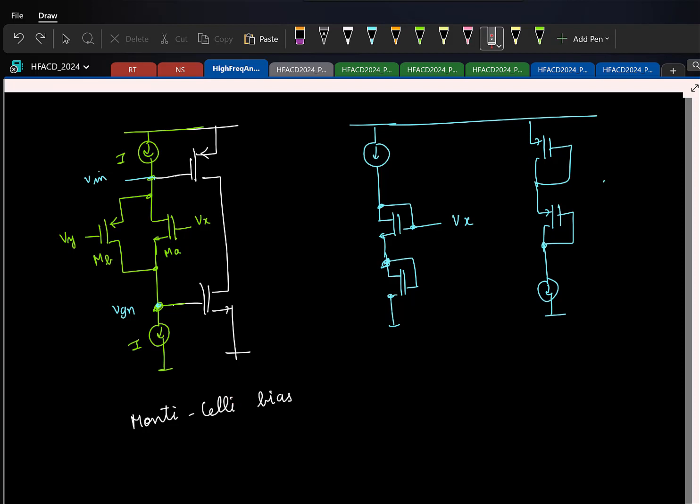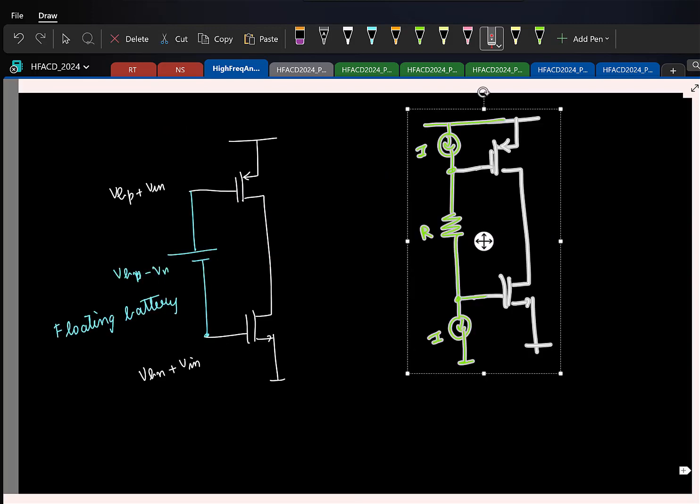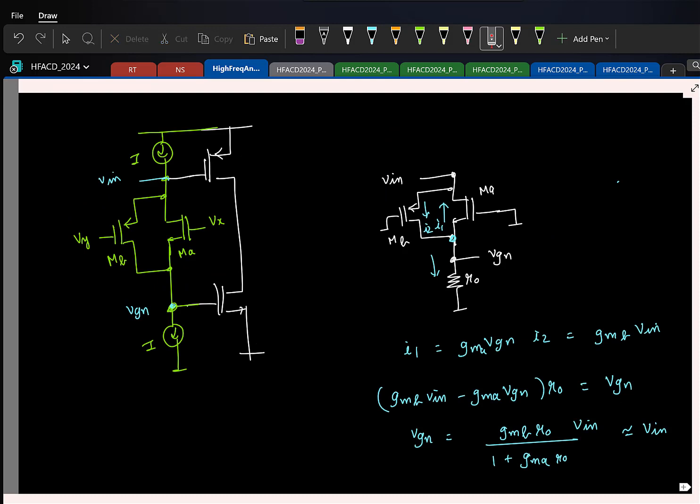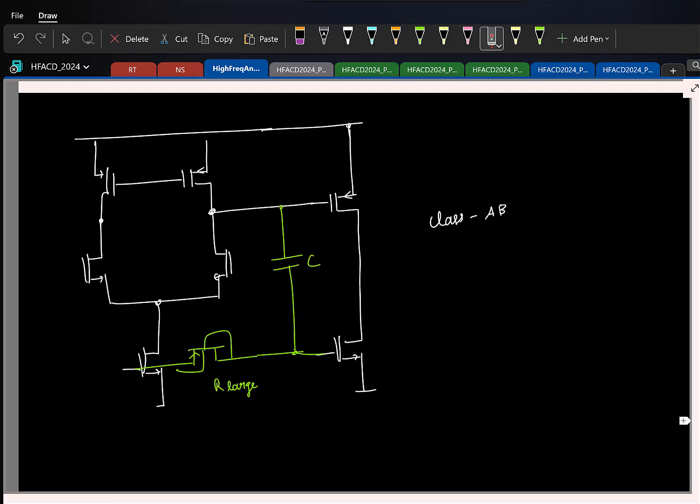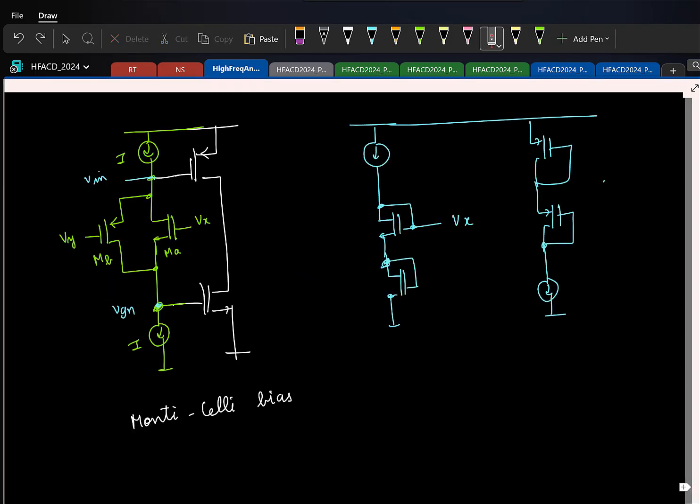And in a class AB stage, you need to make sure the NMOS and PMOS have appropriate bias voltages, and that you could either do using this floating battery arrangement, or you can do this RC coupling. Something you can use. Cool.